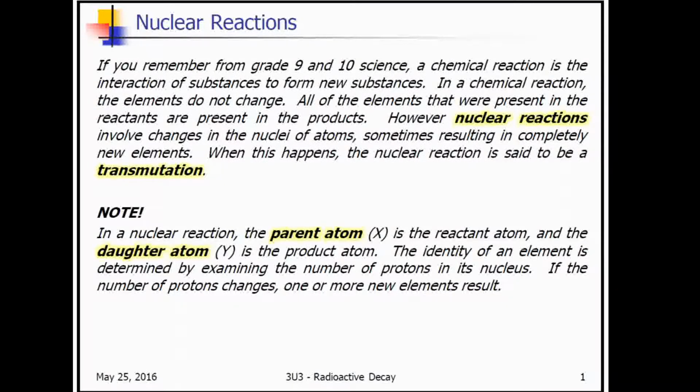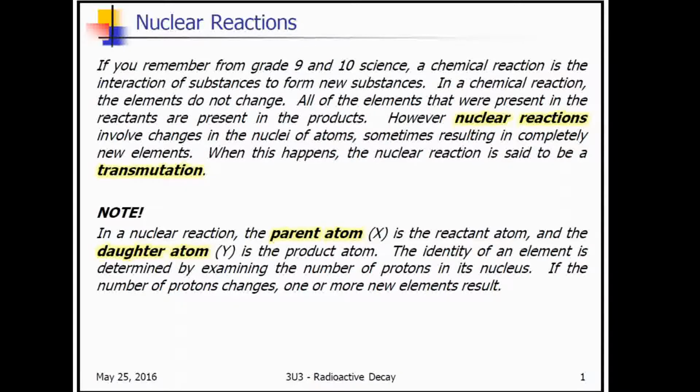So you probably remember from your grade 9 and 10 science classes that a chemical reaction is the interaction of substances to form new substances. In a chemical reaction, the elements do not change. So when we have a chemical reaction, if you have carbon and hydrogen and oxygen interacting, for example, the carbon element does not change at all.